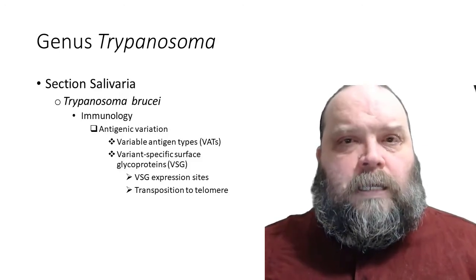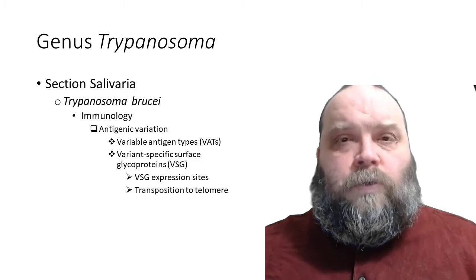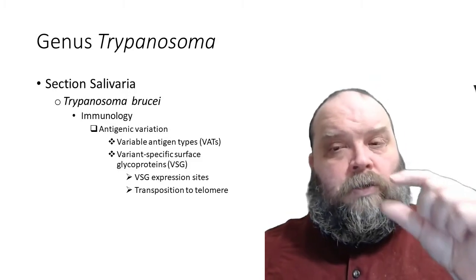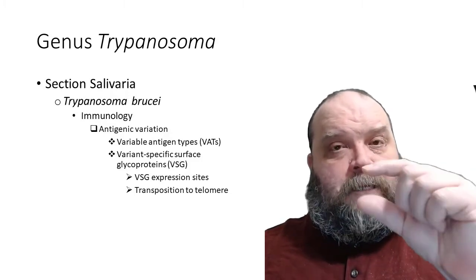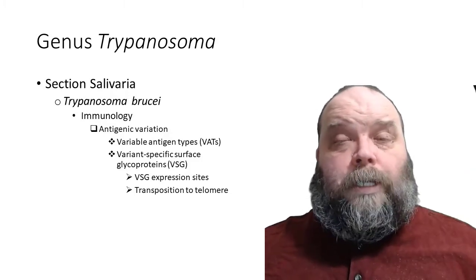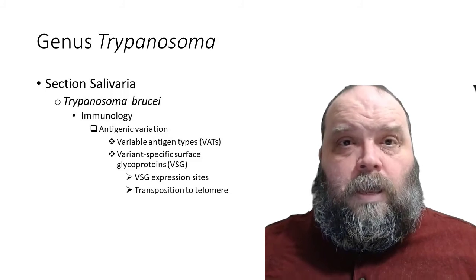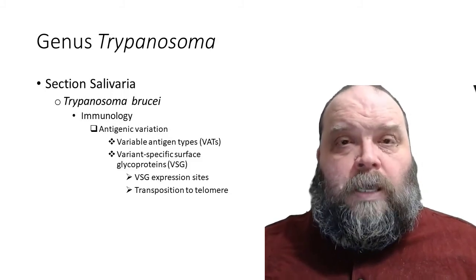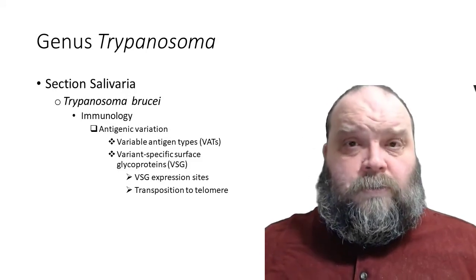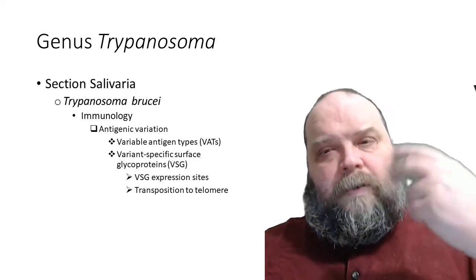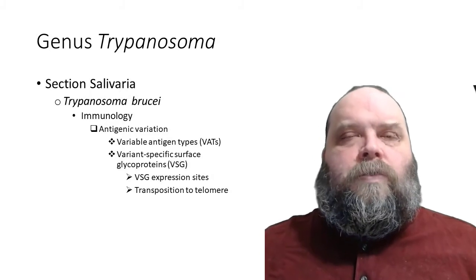We have to keep in mind that your immune system does not learn the parasite, it does not learn the virus, it does not learn the bacteria. What it learns and mounts a response to is a part of a protein on the surface of the parasite, the virus, or the bacteria.